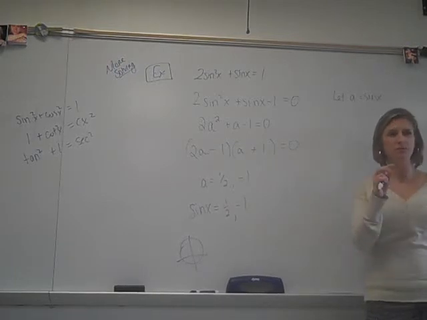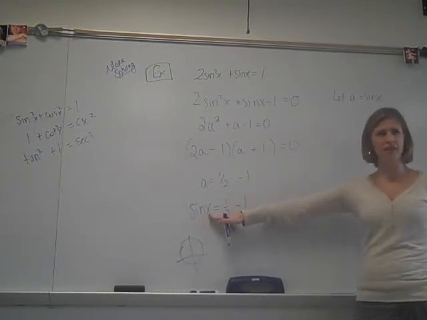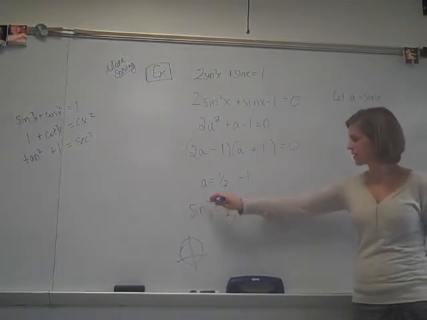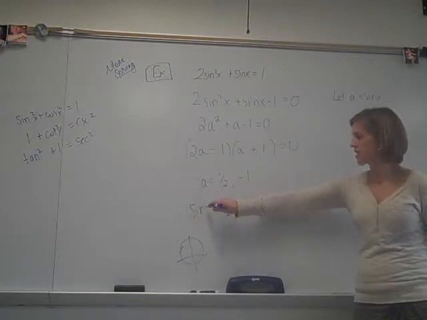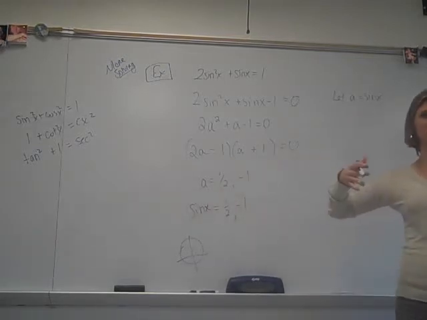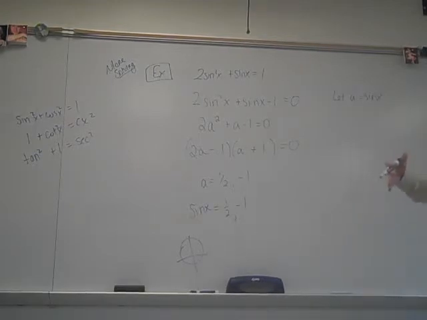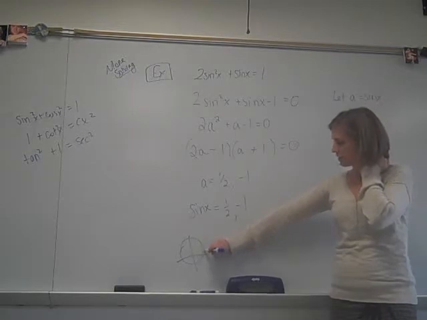Don't get confused if there's an x there. This might as well be theta. It just is x is the variable that's being used. That doesn't mean that all of a sudden sine is at the y value. Don't get confused that sine is now like an x. It's not. So where is the sine equal to 1/2?